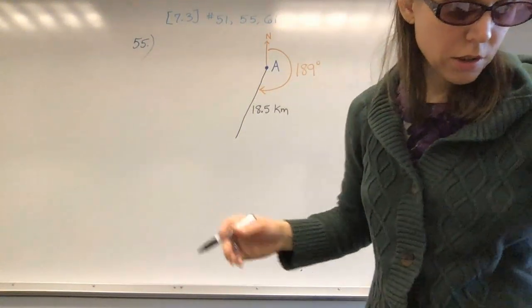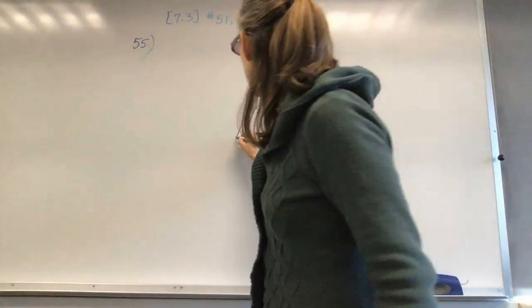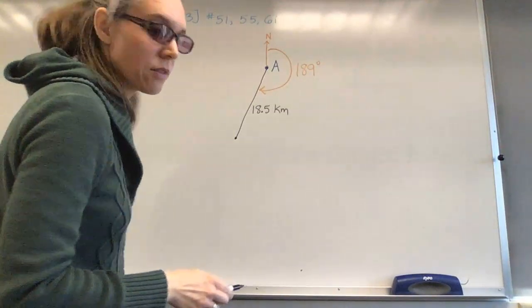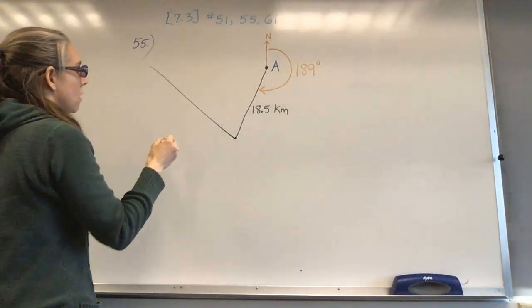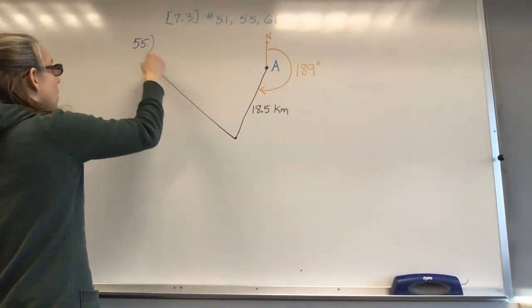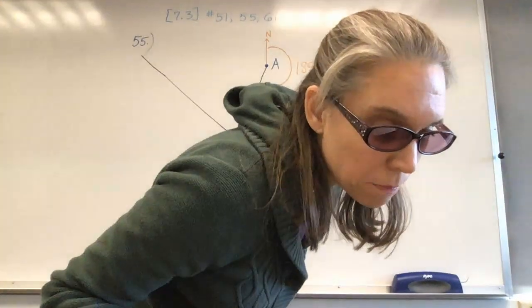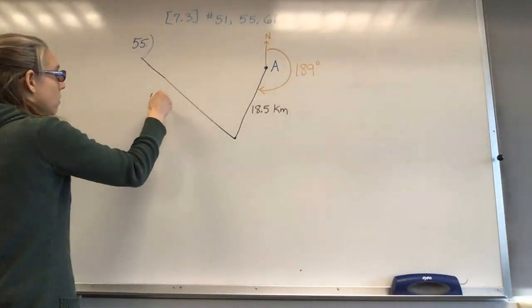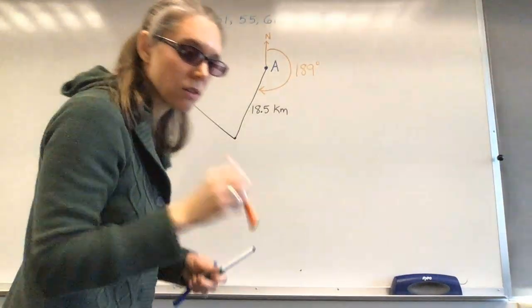And next we are going to sail 47.8 kilometers on a bearing of 317. Okay. This is not drawn to scale, but that's okay. 47.8 kilometers, and this bearing is 317 degrees.